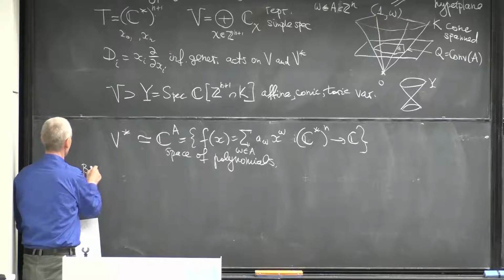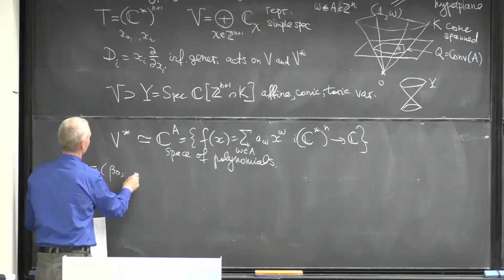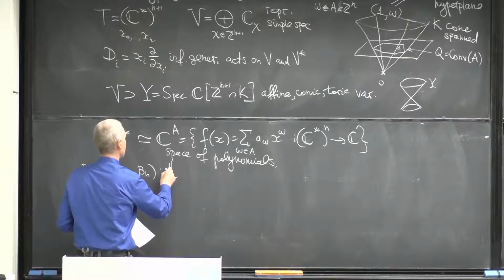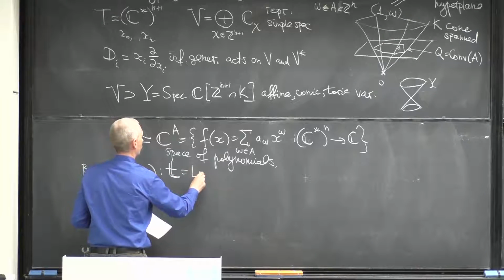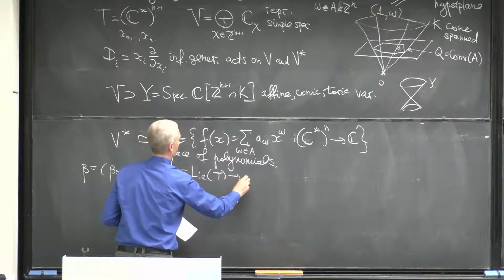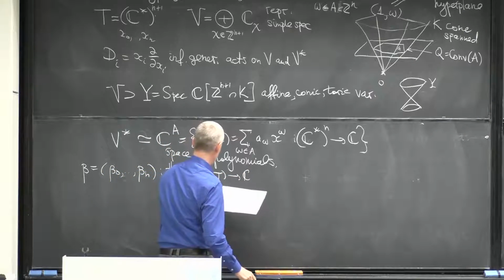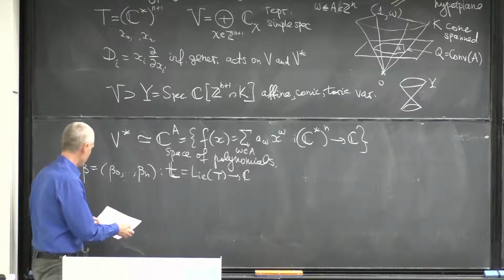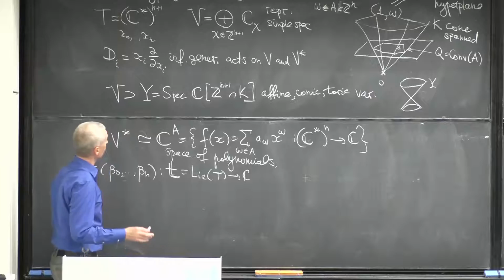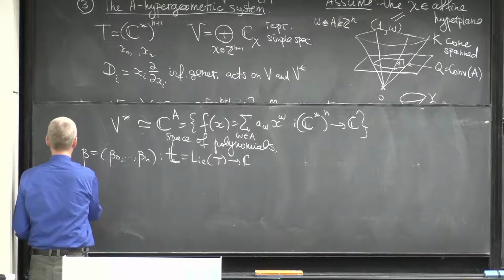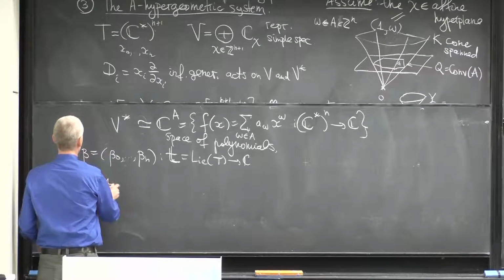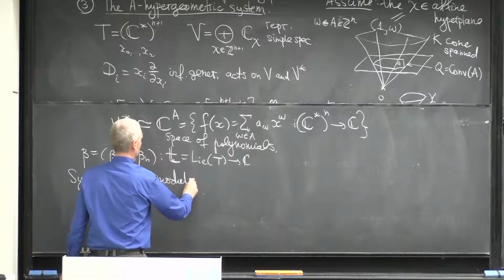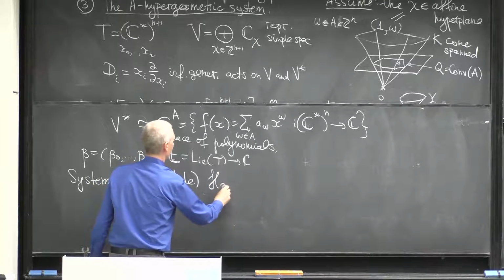So beta, which is beta 0, ..., beta n, is a character of the Lie algebra of our torus. To this we associate a system of equations, or the same as a D-module, called H sub beta.